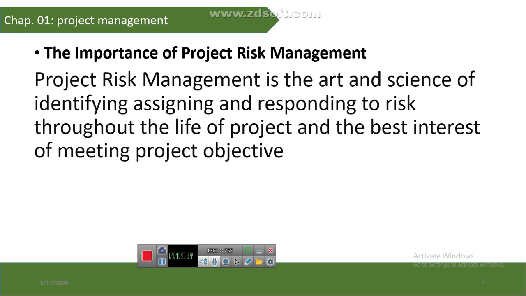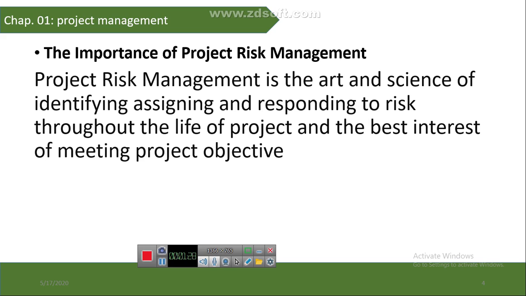Risk management is often overlooked on projects, but it can help improve project success by helping select good projects, determining the project scope, and developing realistic estimates.